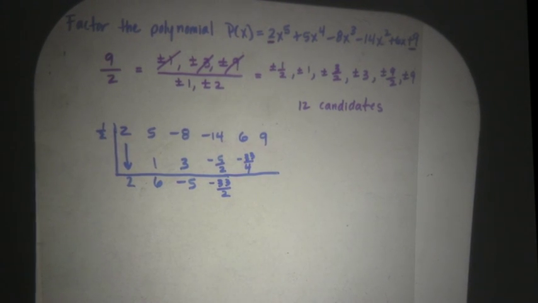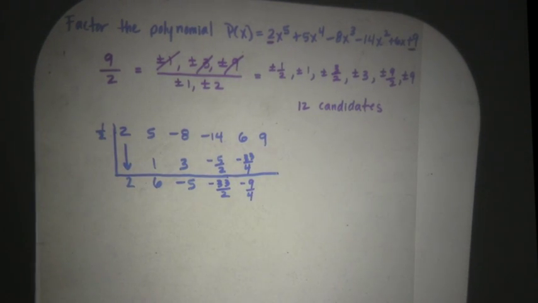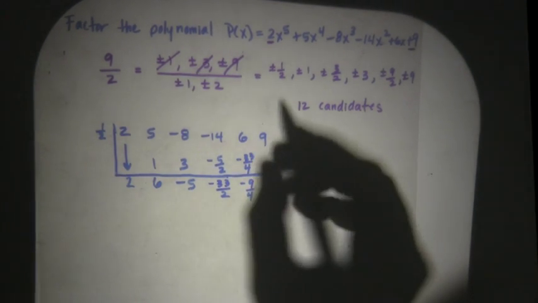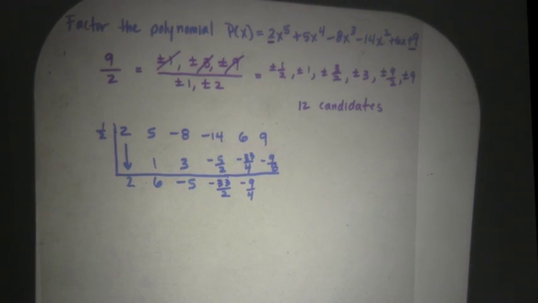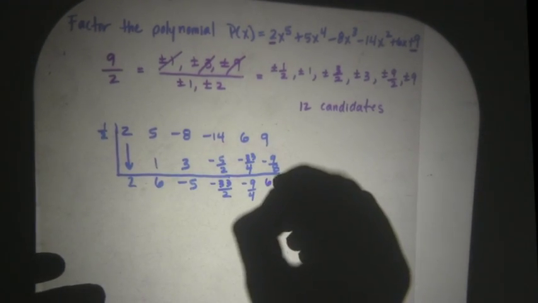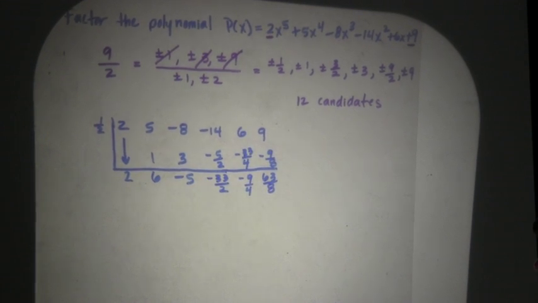And a positive 6 and a negative 33 over 4 is negative 9/4. And negative 9/4 times 1/2 is negative 9/8. And a positive 9 and a negative 9/8 is 63/8. I know you hate fractions, but that's what you have your calculator for.